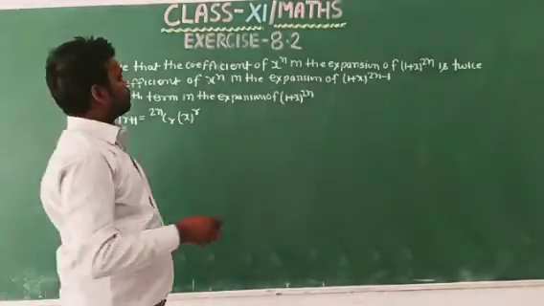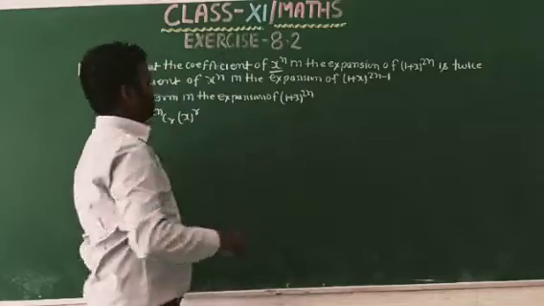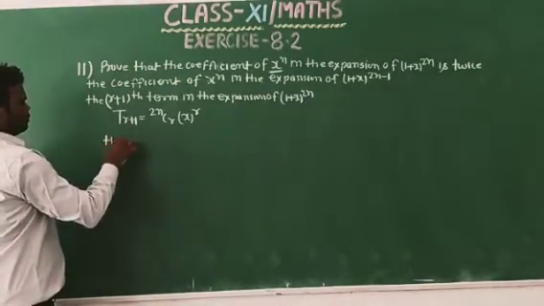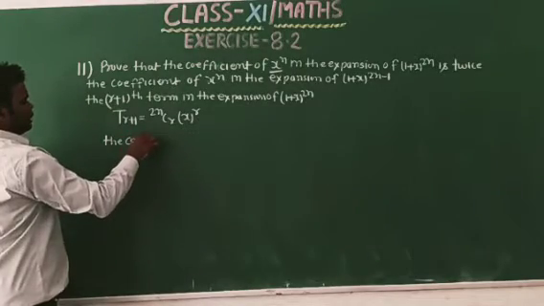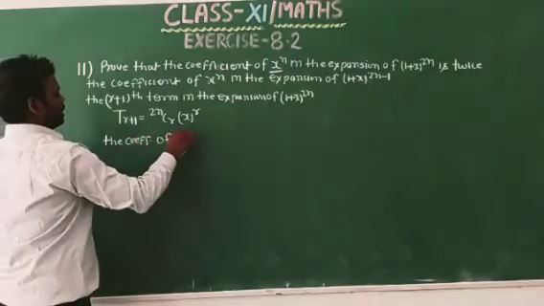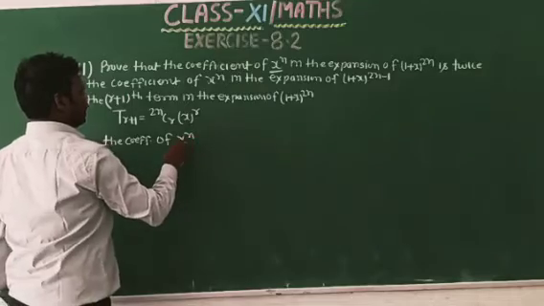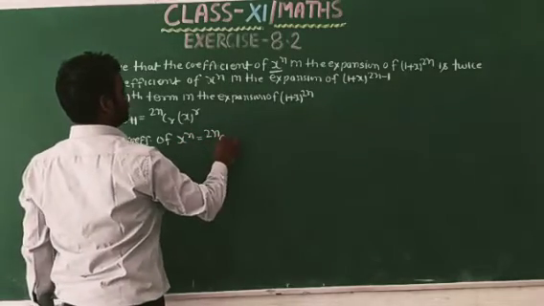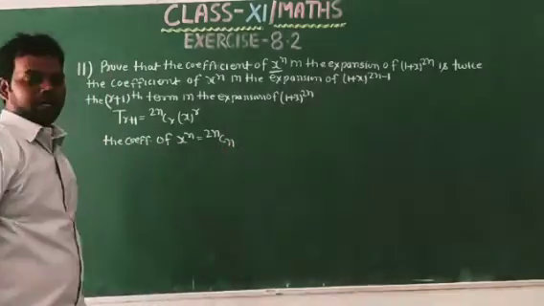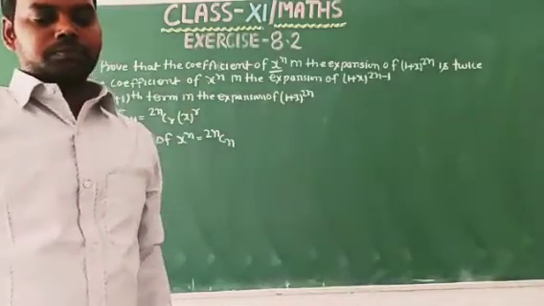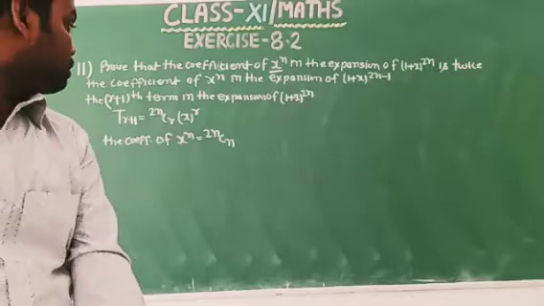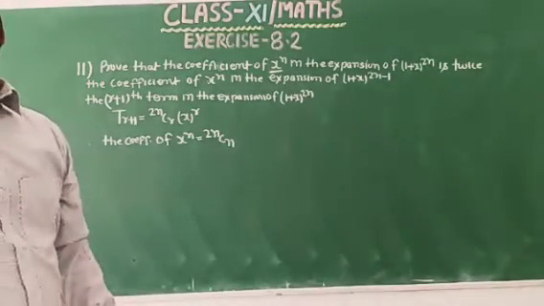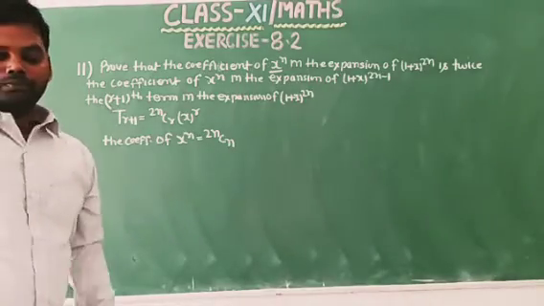Okay, so therefore the coefficient of x to the power n is equal to 2n C n.